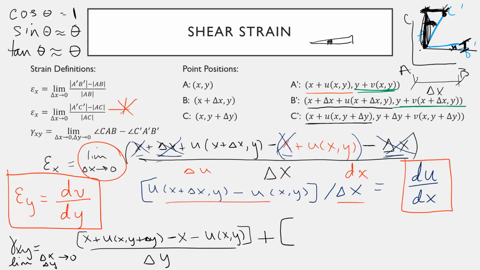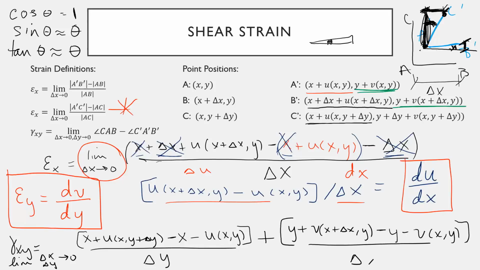So the first thing I'm going to look at is B prime. So I'm going to have y plus v of x plus delta x comma y. Now I'm going to subtract from that the y component of A prime, so minus y minus v of x comma y, divided by delta x, because delta x is this horizontal leg. So this should give me the amount of angle by which we're closing. I'm going to cancel out the things that go away.